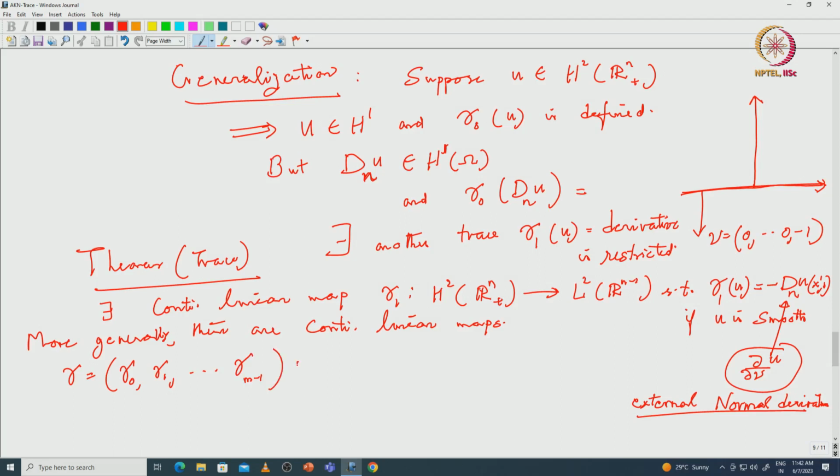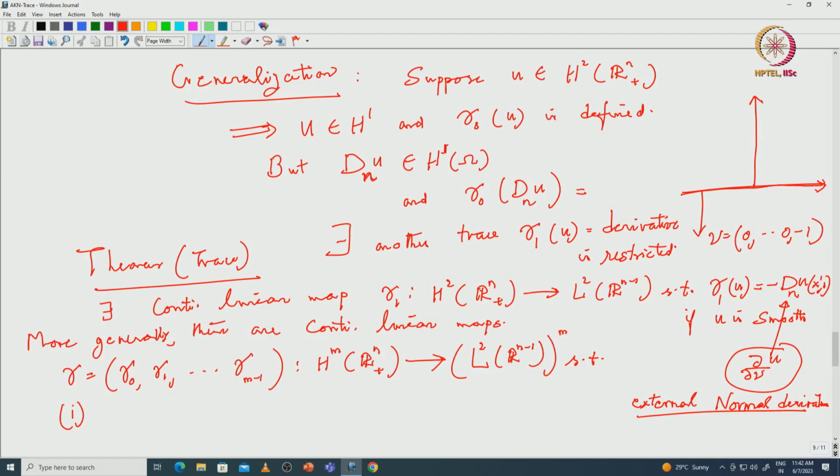All these maps from Hm of R^n plus to L2 of R^n minus 1, each one to the power n, such that, let me write down everything, and of course we restrict to that, you will get the continuous map.